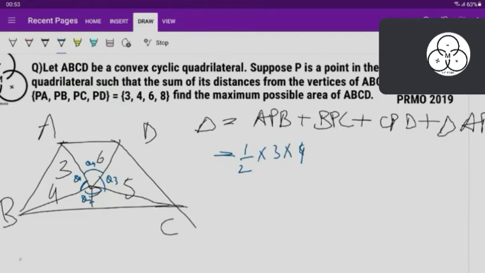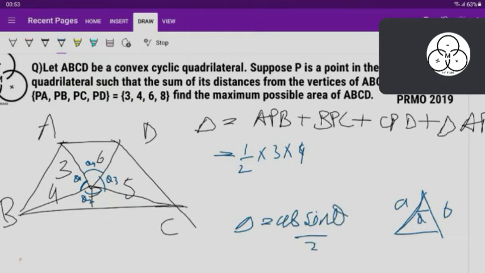We know the area of such a triangle having two sides A and B and angle between them theta is AB sine theta by 2, and we know that sine theta lies between 0 to 1. The maximum value of sine theta is 1. Very basic thing.